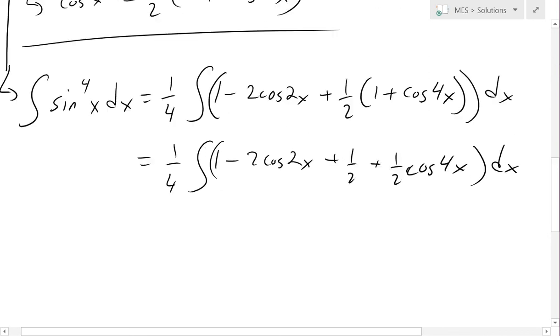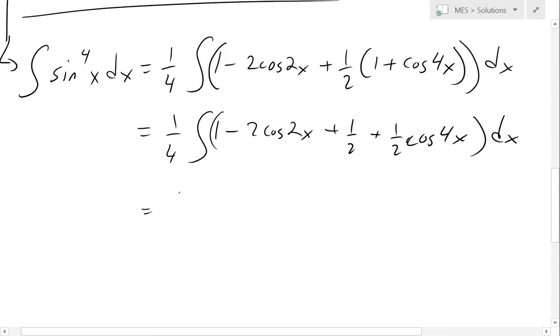Now we can solve our integral. Because we got rid of all of the squares, we can just solve this. So 1/4 times the integral of 1, which is just x, minus the integral of 2 cos 2x, which is going to be sine 2x. Using the chain rule, we also have to put a 2 underneath, because the derivative of sine 2x is cos 2x times 2, so we divide by 2.